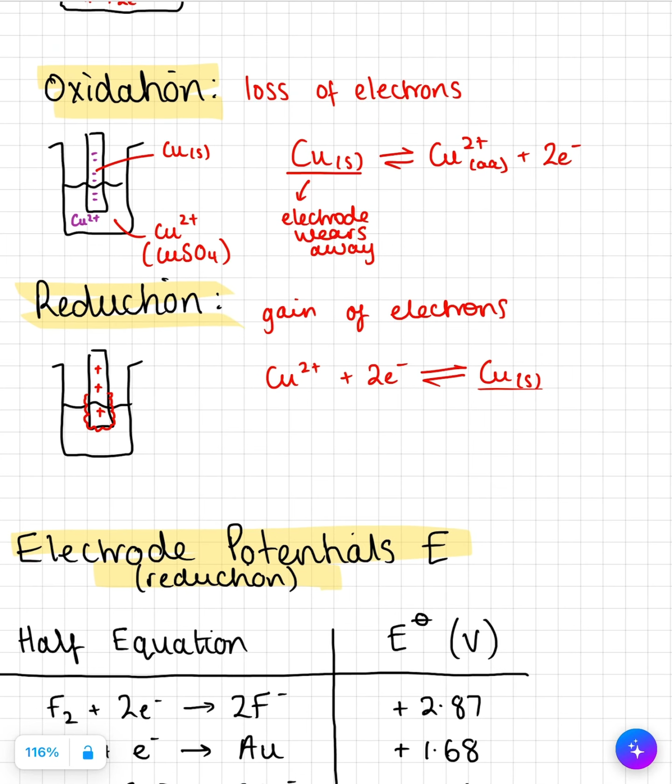This transfer of electrons, either loss or gain of electrons, is providing us with a potential difference, a voltage, a difference in charge.